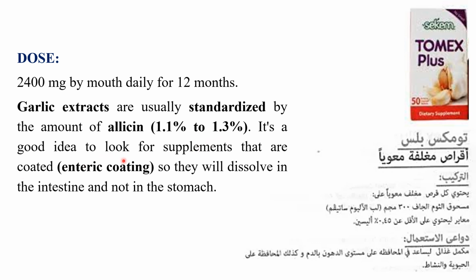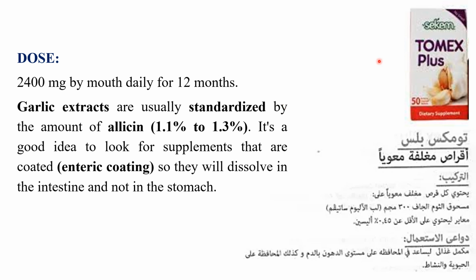It's a good idea to look for a supplement that is enteric coated, so it dissolves in the intestine, not in the stomach, as we have a very famous garlic supplement in Egypt in a pharmaceutical dosage form known as Tomix Plus, the brand name.